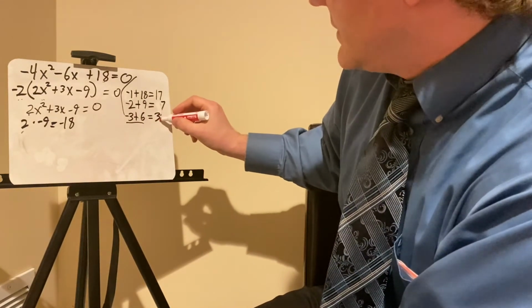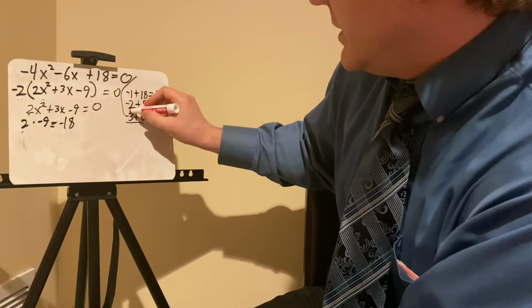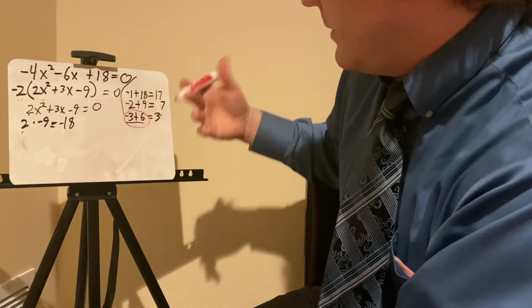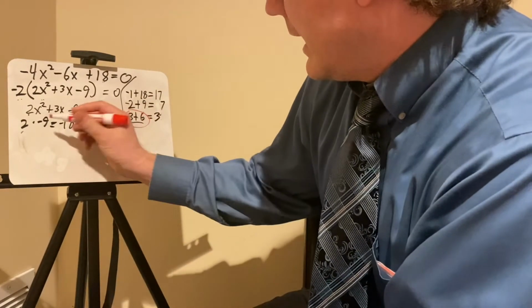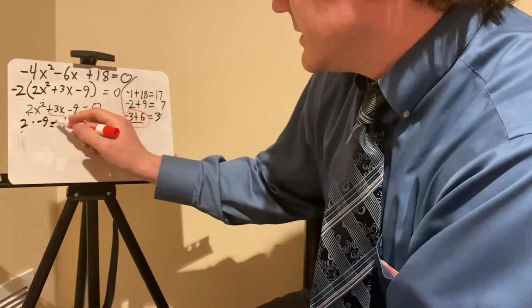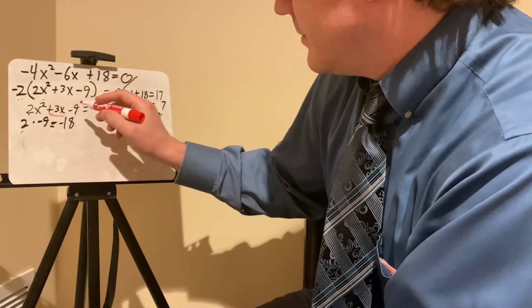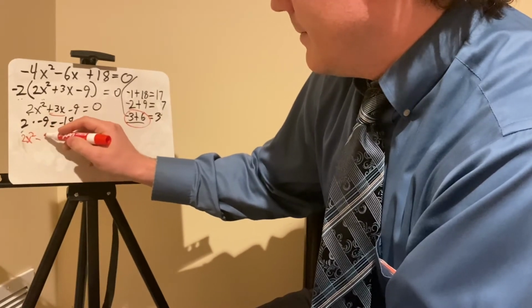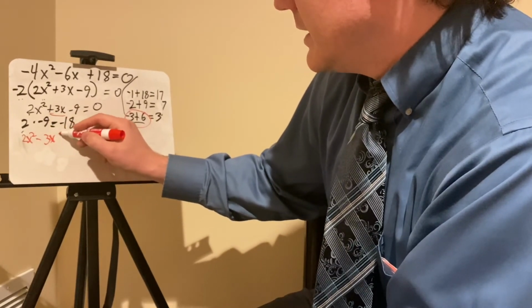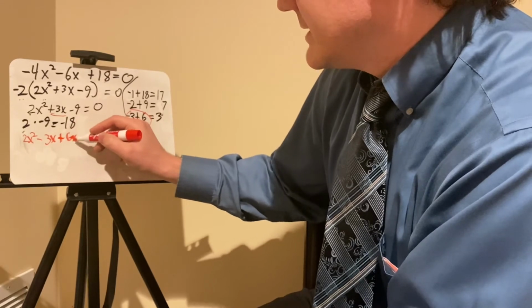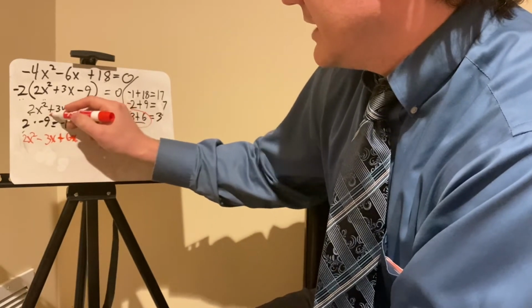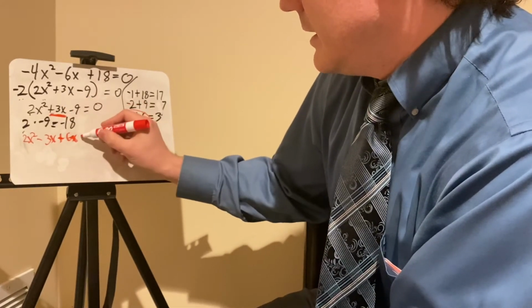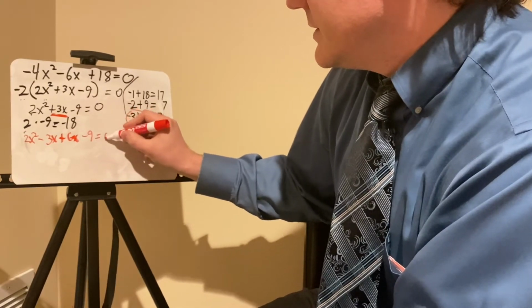Now that I have -3 and 6 as my m and n values, so to speak, I can replace 3x with -3x plus 6x. So I have 2x squared minus 3x plus 6x, which is equivalent to 3x, I'm just replacing it, minus 9 equals 0.